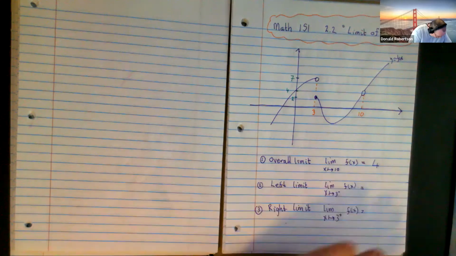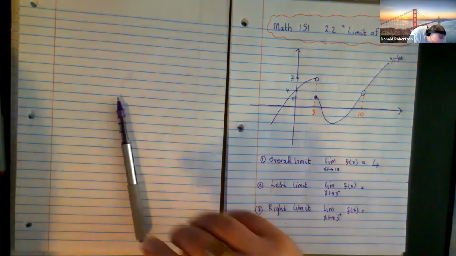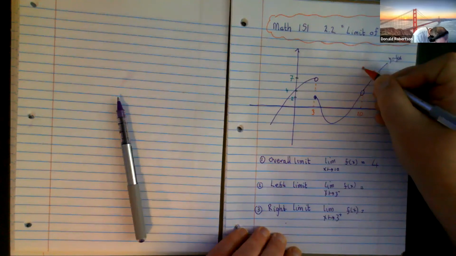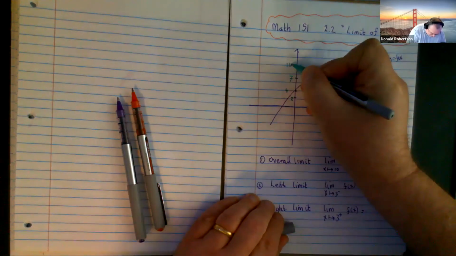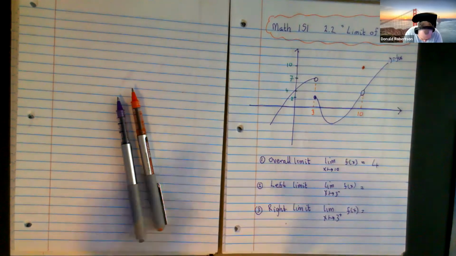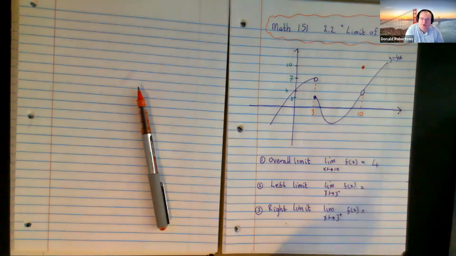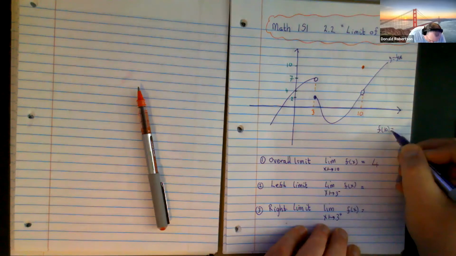Now, it might seem unusual, but you could actually have a little dot up there, and let's say that dot is at 10. That y value of 10 is not the value of the limit. The value of the limit is what the function is trying to become, which is 4. That little guy up there is actually the value of the function at 10.